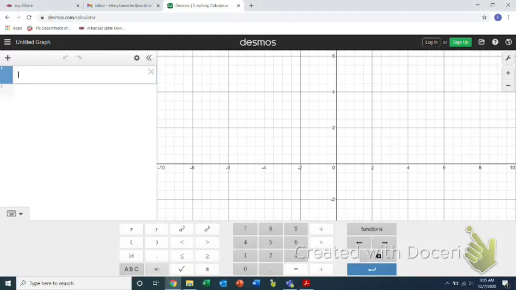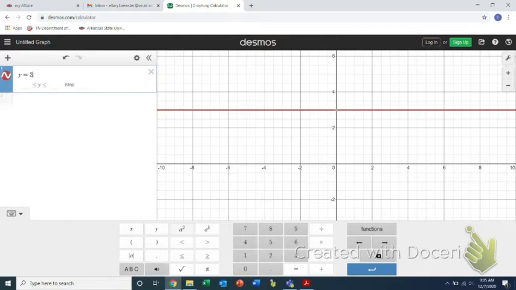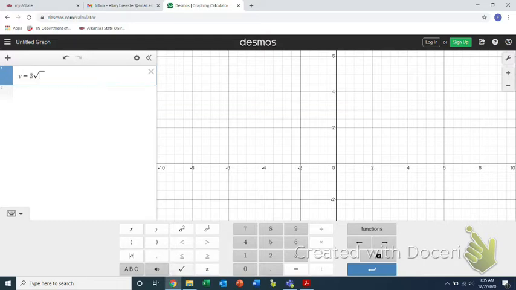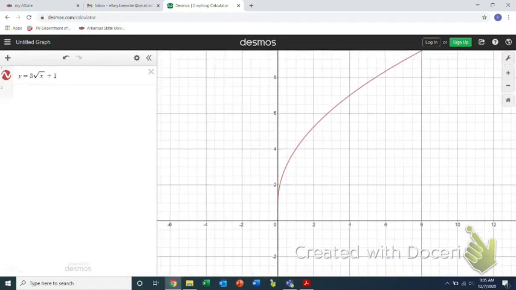All right, so we are typing in y equals 3 times the square root of x, and then look, that plus 1 is on the outside. There's our graph.